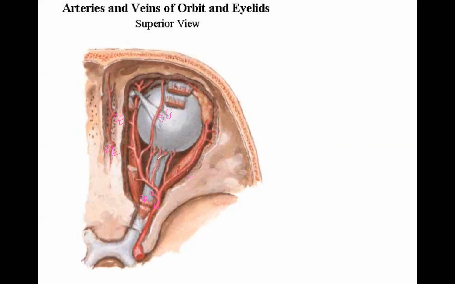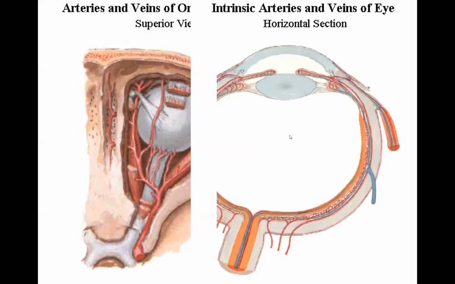For the eyeball, the most important are these, the posterior ciliary long and short, entering the eyeball. And we have already shown this, so I can highlight the central retinal artery coming and supplying the more internal layers of the retina, so not rods and cones.